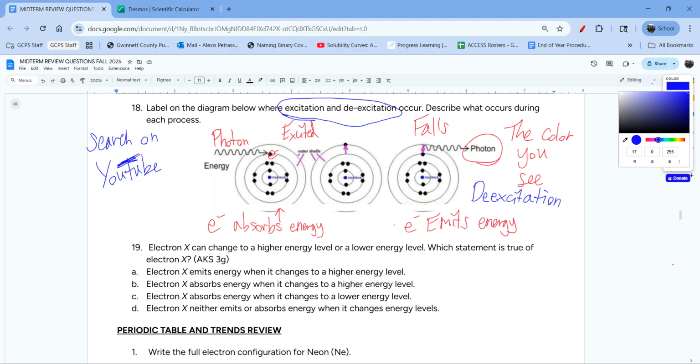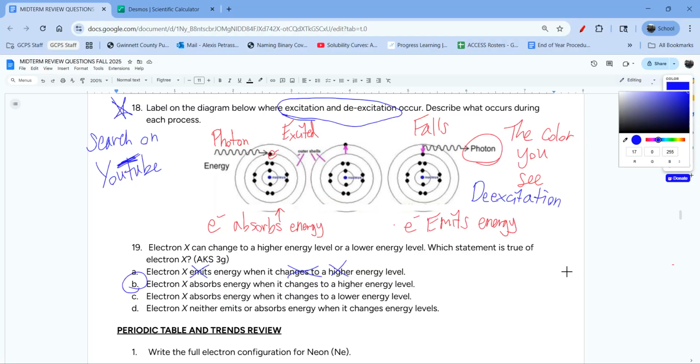So A says electron X emits energy when it changes to higher energy level. No. Emit does not go with higher. It absorbs energy when it goes to a higher energy level. And B says electron X absorbs energy when it changes to a higher energy level. Oh, look at that. Okay.